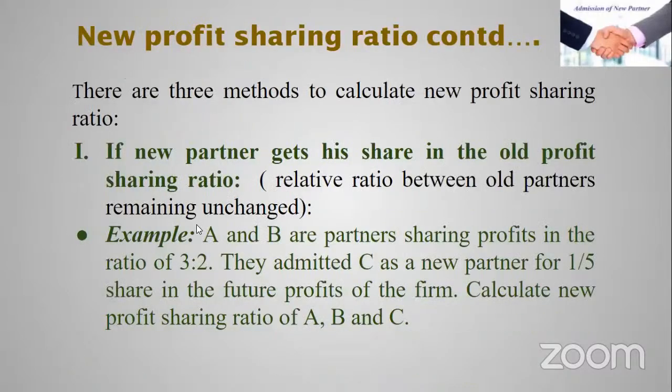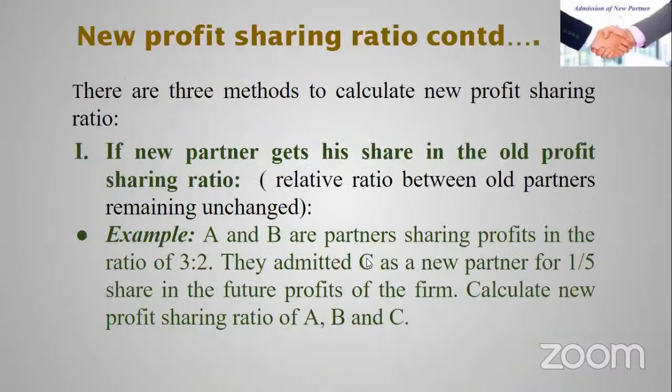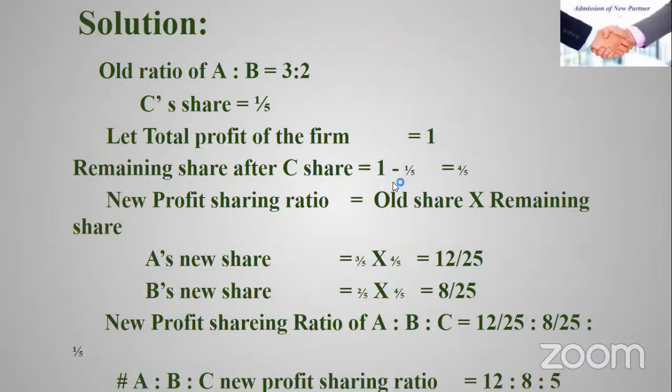When this type of question is given, meaning these wordings or sentences are given, first you should assume the total share of the firm is 1. From the total share of the firm, 1, if C, that means the new partner, has been given some share, say 1/5, then from the total share 1, subtract the 1/5 share. Means 1 by 1 minus 1 by 5.